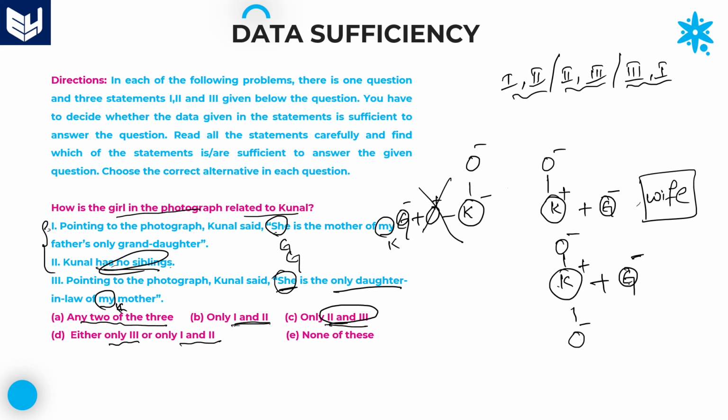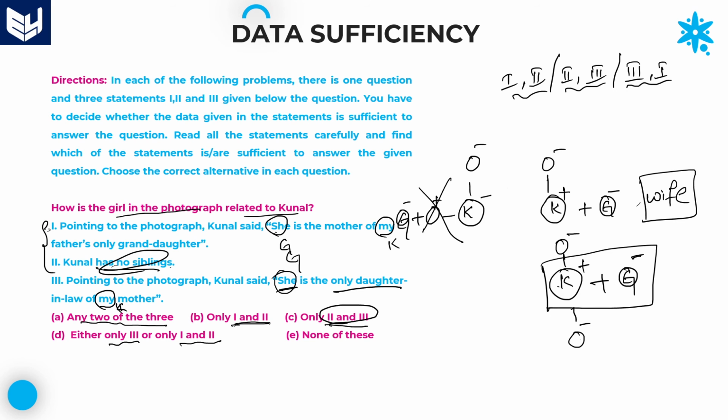If Kunal were female, both would overlap. So Kunal is male and the girl is female, and these two members are wife and husband. How is the girl in the photograph related to Kunal? Obviously, the answer is wife. So by using 1 and 2, you are getting the answer. By using 2 and 3, you are getting the answer.